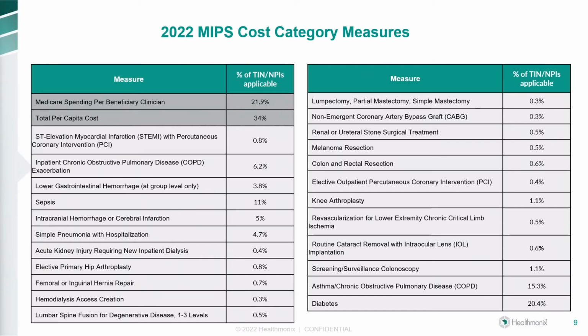So I'm not going to go over this in quite detail here, but these are the MIPS cost category measures for 2022, including the percentage of MIPS TINs that CMS states are going to be eligible for each one of the measures. You can see the first two at the top: the MSPB, Medicare spending per beneficiary, and total per capita cost, TPCC.